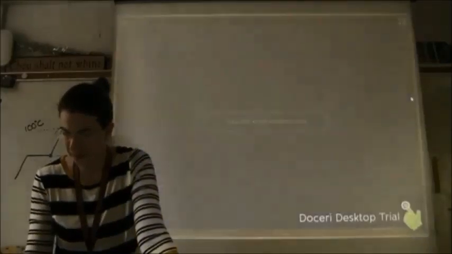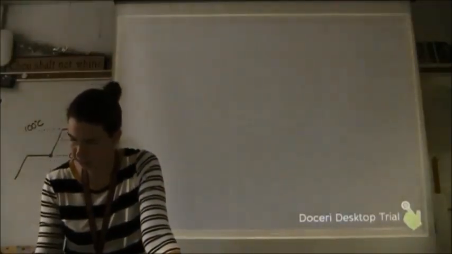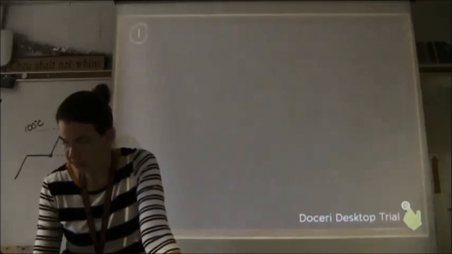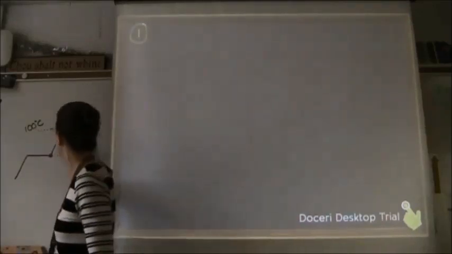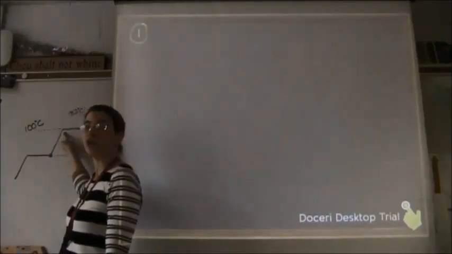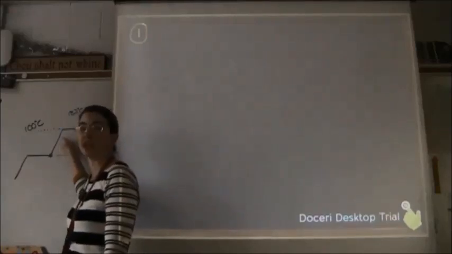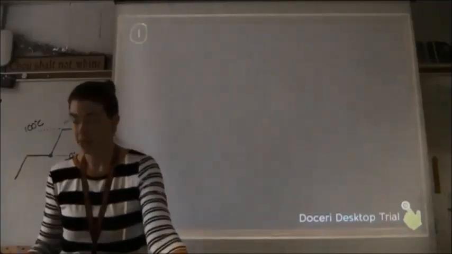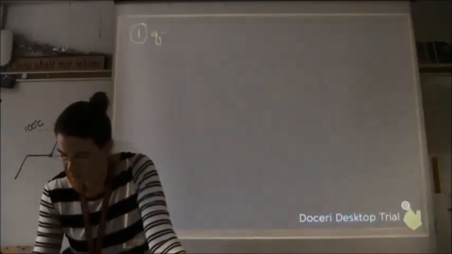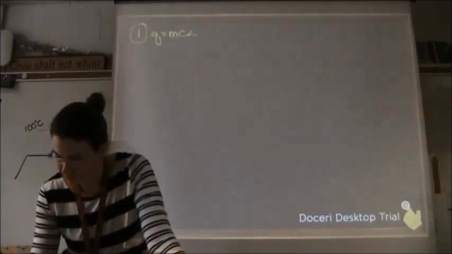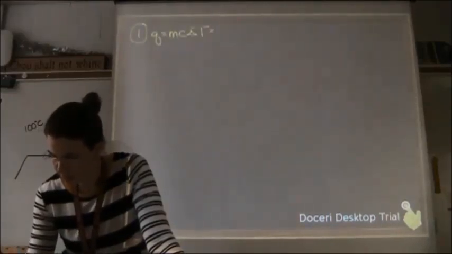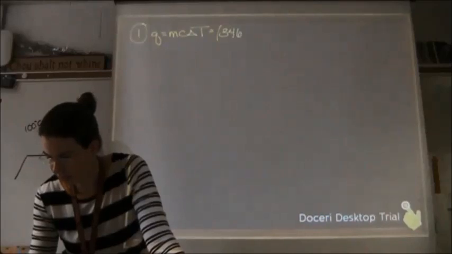All right? I'm just going to walk you through this one real quickly. So, step 1, from here to there, what equation should I use to calculate that heat? MCAT. Okay, great. So 346 grams.